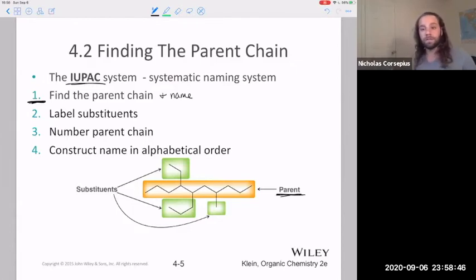And again, this video is going to be all about finding and naming that parent chain, as well as everything coming off the parent chain are what are called substituents. So that's what the next video will be about, labeling substituents. Then the last step, when you go to put it all together, you've got to number the parent chain and then construct an alphabetical order. So again, we're breaking these tasks down into different segments, and this video in particular is just going to focus on the first part there, finding and naming the parent chain.